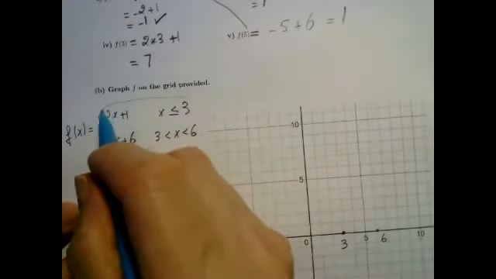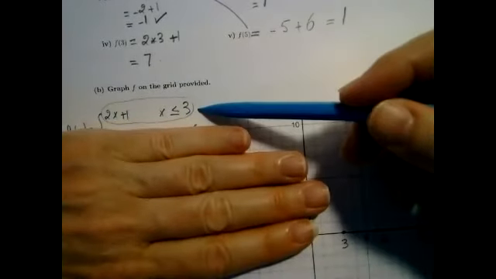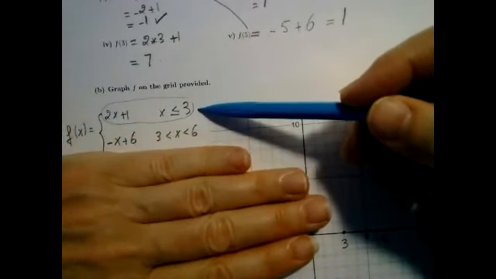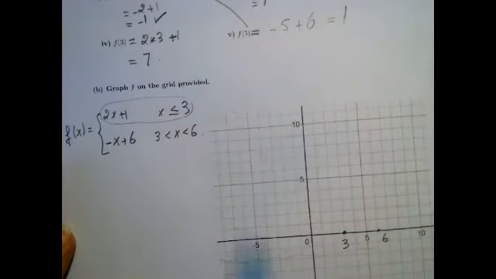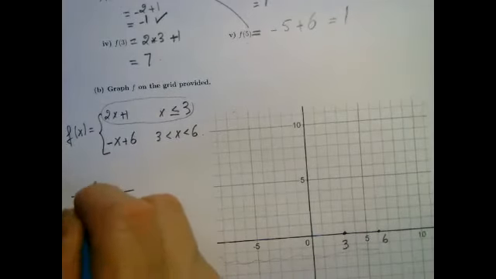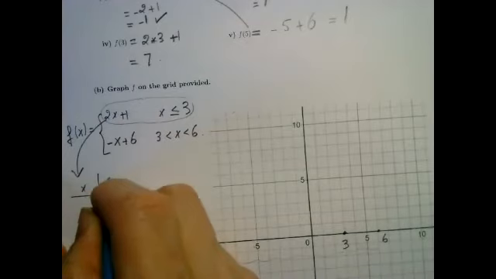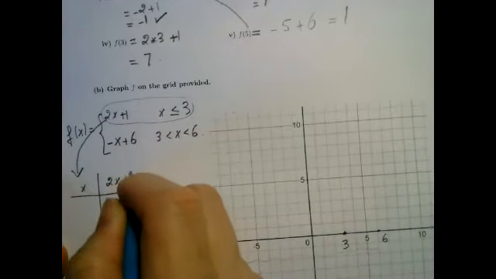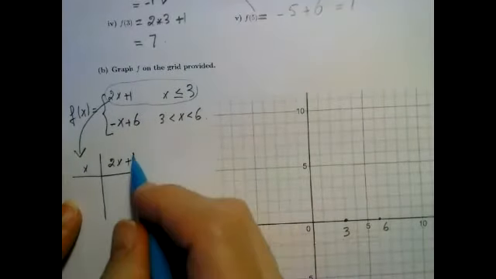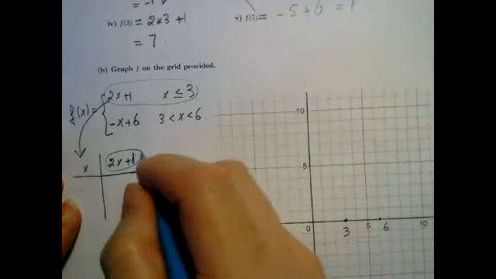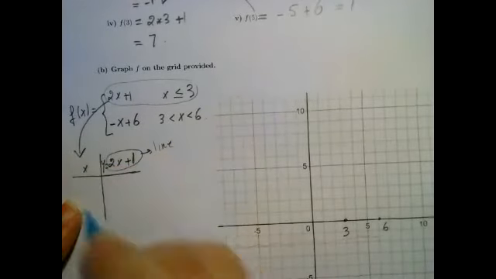So to graph this function, I need to do the graph of 2 pieces. I need to do the graph of this one, but I stop the graph at 3. And then I do the graph of this one between 3 and 6. So let us sketch the first one. I'm going to do that first. 2x plus 1. Okay. First, to be able to graph it, you have to recognize that this is the graph of a line, because it has the form mx plus b.